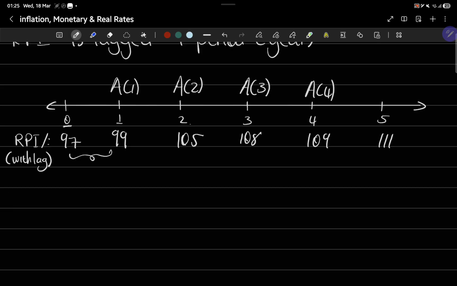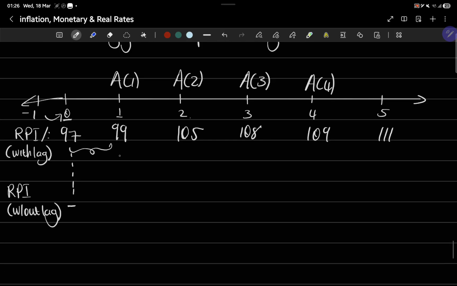And to remove the lag, the RPI without lag, you just move each value 1 period that side. So here would have nothing in this case. Usually they would give you the value of the index at time -1 so that you can move it forward as well, but in this case I have nothing there, so it's fine. Here it's blank.